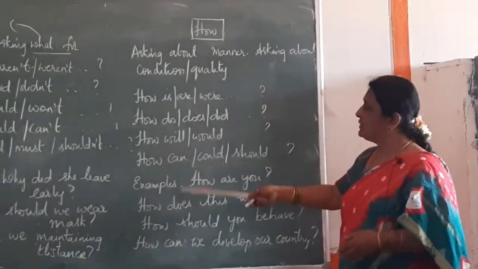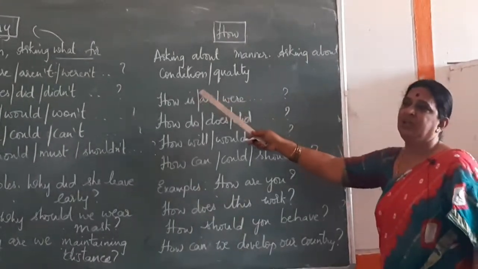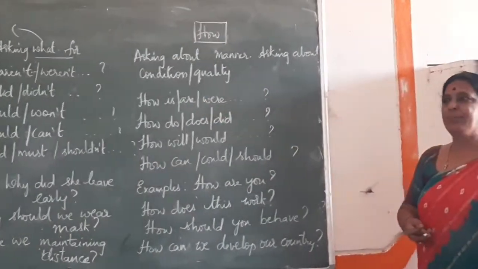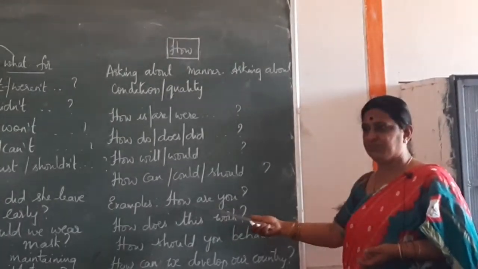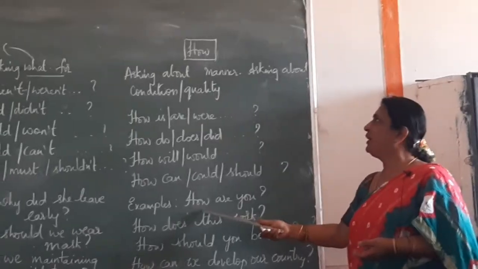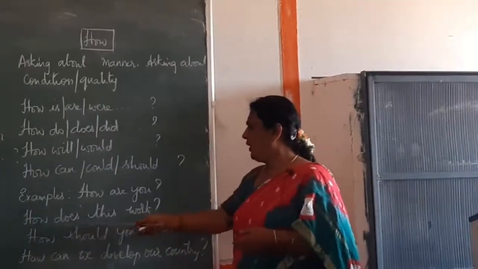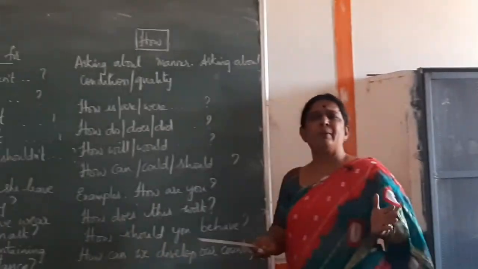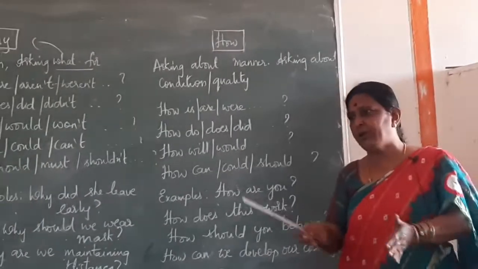So, for example, we asked about the condition. When we come across some person, what question do we ask? How are you, sir? How are you, mister? Okay. So, we want to know about his condition or her condition. How does this work? You are planning some idea. You are making some idea for some program or something.